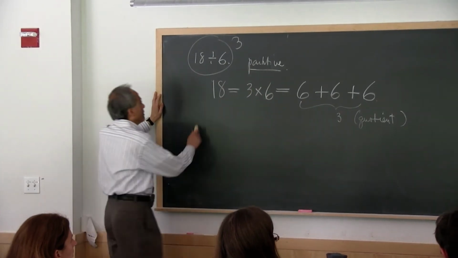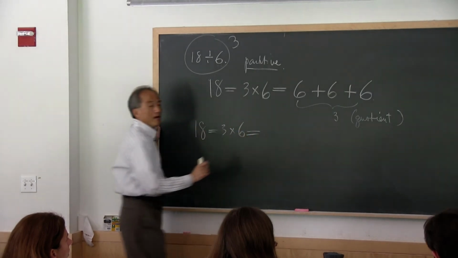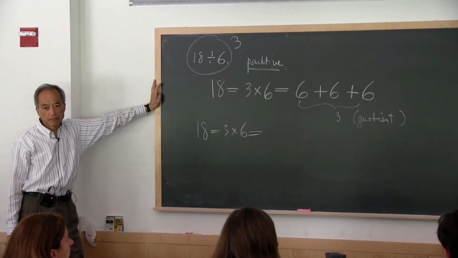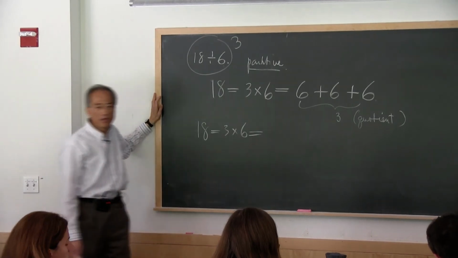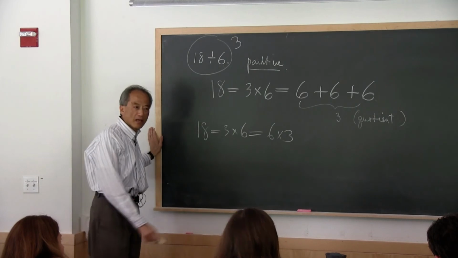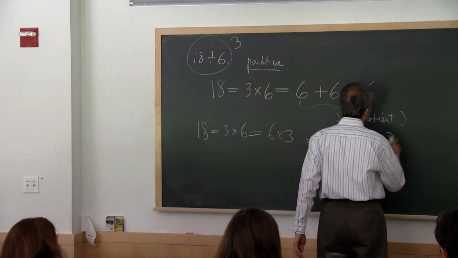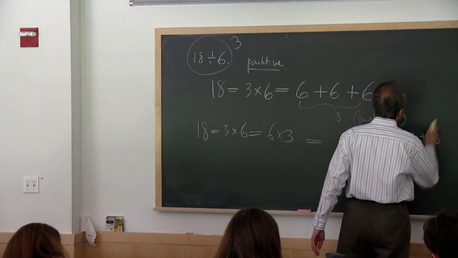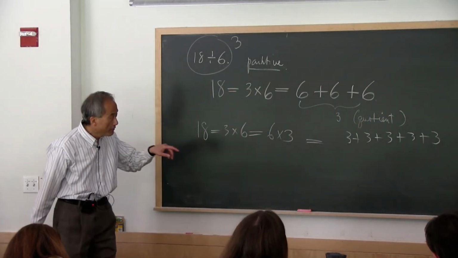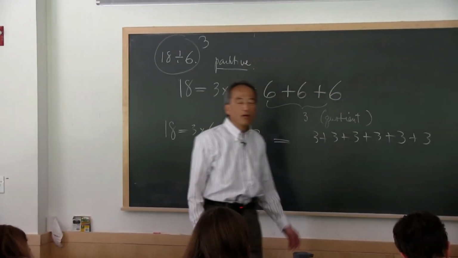On the other hand, multiplication is commutative. Therefore this is 6 times 3, and as such it becomes 3 plus 3 plus 3 plus 3 plus 3 plus 3.